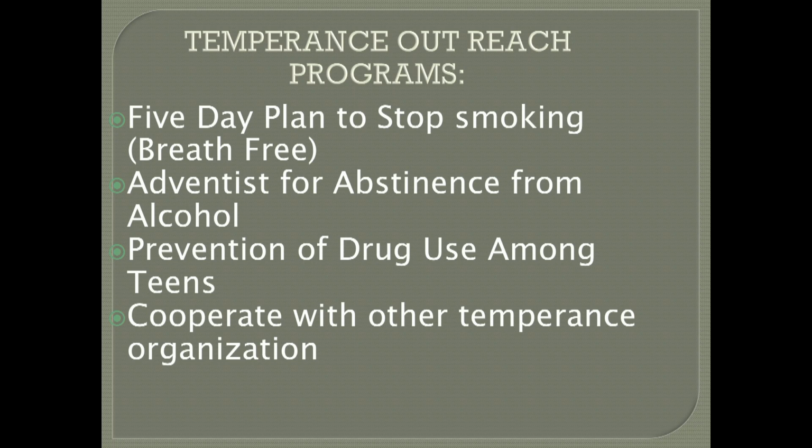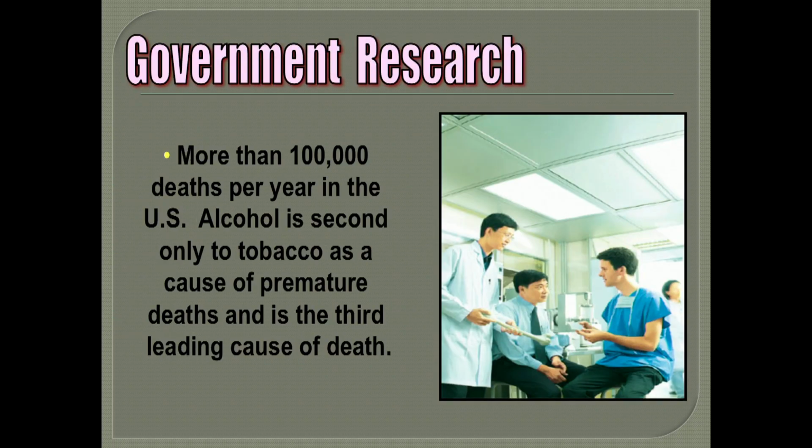So, Adventist abstinence from alcohol, prevention of drug use among teens, and cooperation with other temperance organizations, because these are not the only ones. Okay, in America, we have over 10,000 deaths here, and this occurs as a result of alcohol use.